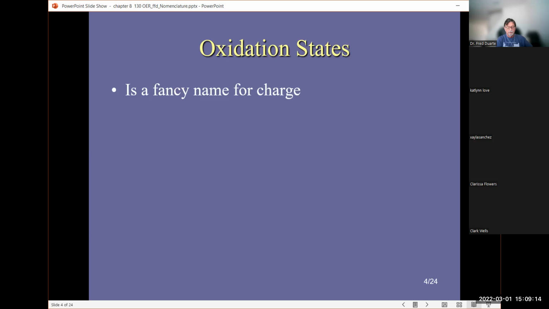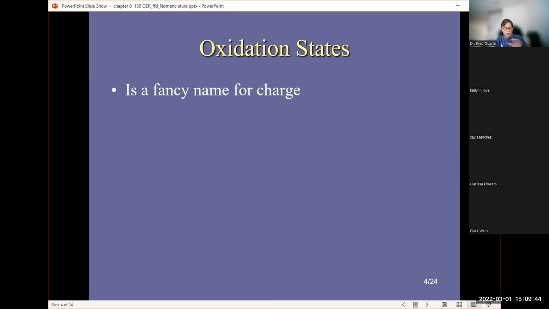And I just introduced the idea of oxidation state, which in the past I've been calling the charge, either a positive charge or a negative charge. Now I'm going to start using the term oxidation state because that's more descriptive of what's going on with respect to ionic compounds versus covalent compounds.